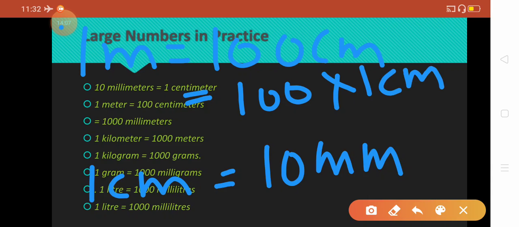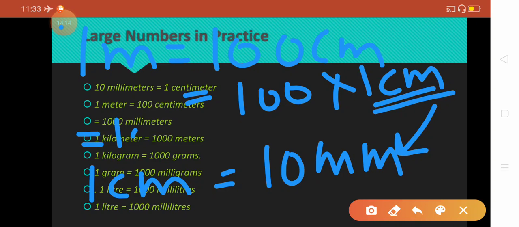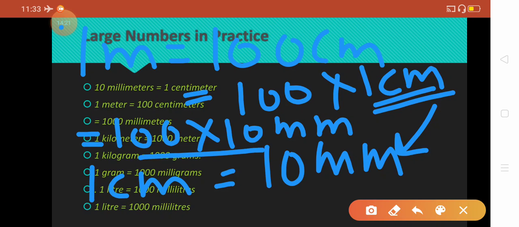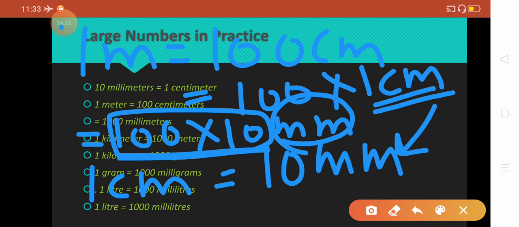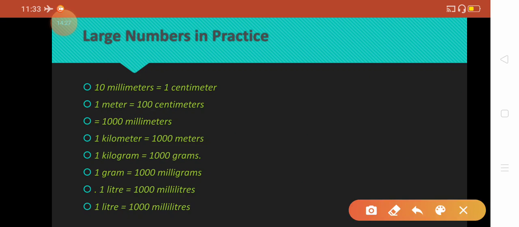In place of 1 centimeter, I will write 10 millimeter. So what does it become? 1000 millimeter. So 1 meter is equal to 1000 millimeter. In this way we will get this.